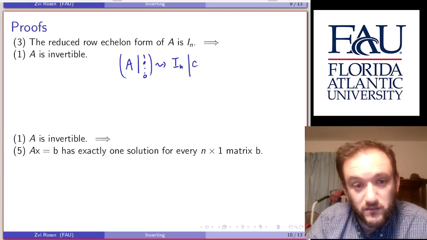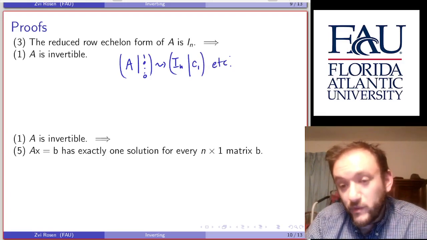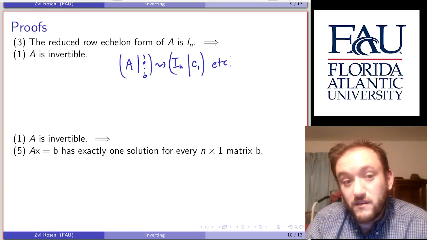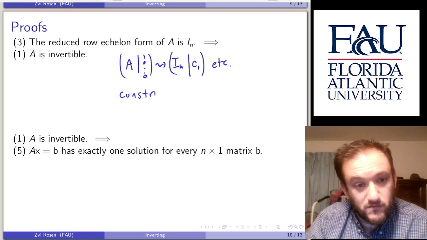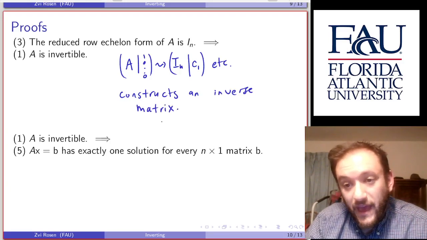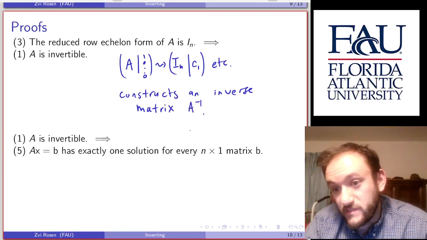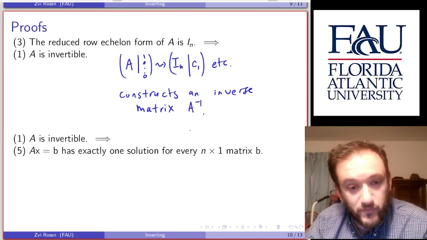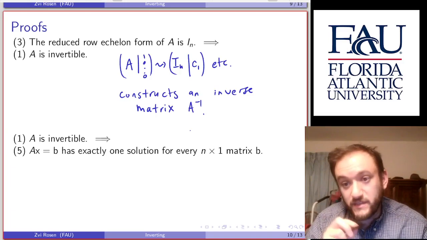So column 1, etc. And we can use this to construct an inverse matrix. By way of that construction, we are able to show that A is invertible, since an inverse exists. So that completes the loop that 1 implies 2 implies 3 implies 1.